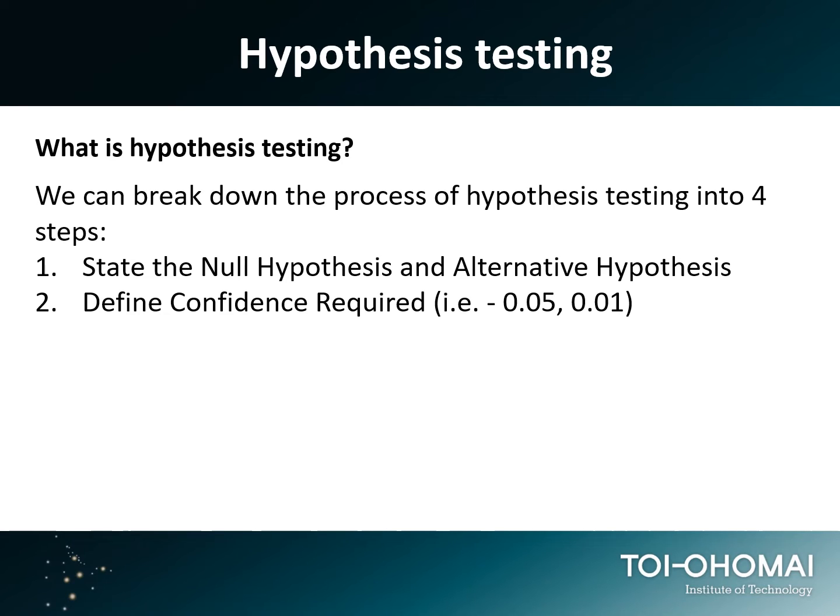So we decide whether we're going to have a 95% confidence level or an alpha of 0.05, or maybe 99%. We want to be 99% sure, or we'd have an alpha of 0.01, that there's a difference between the means of the groups before we're happy to say that there definitely is.